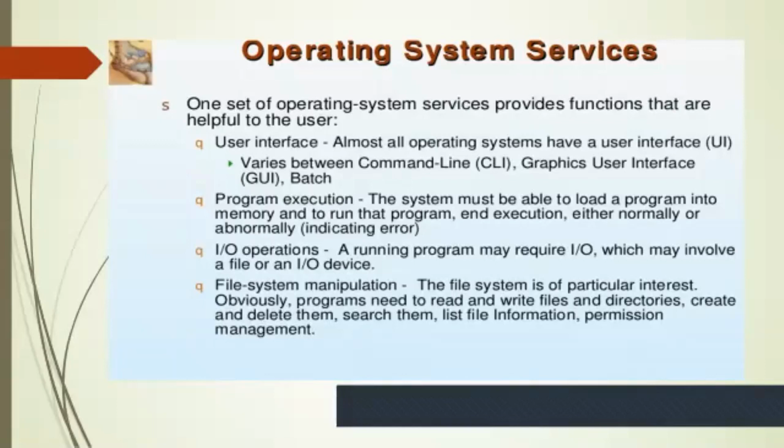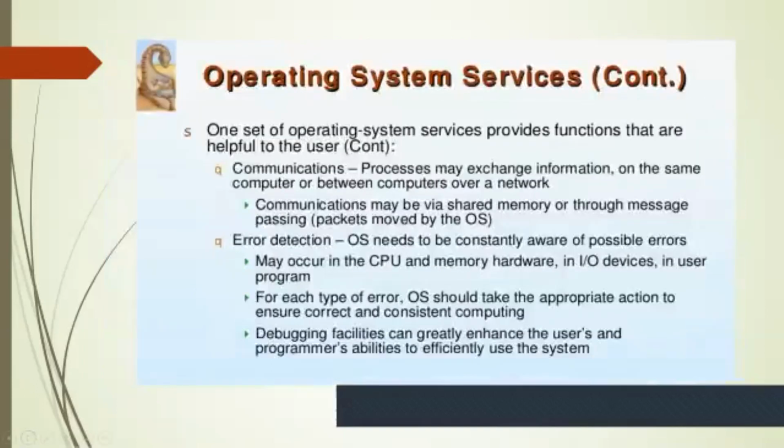Policies may change over time, and this would lead to changes in mechanism. So it is better to have a general mechanism that would require few changes even when a policy change occurs. One set of operating system services provides functions that are helpful to the user.